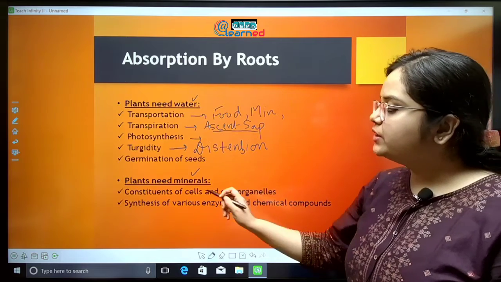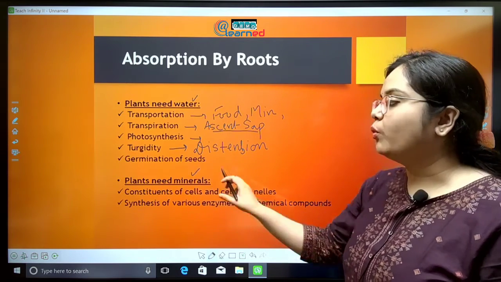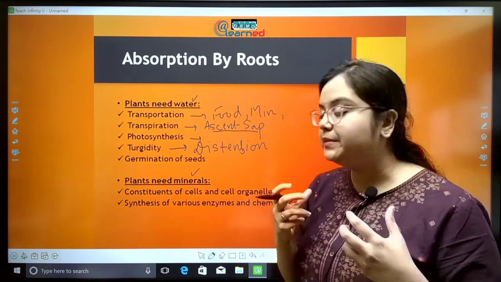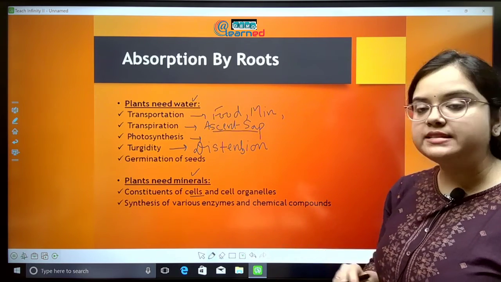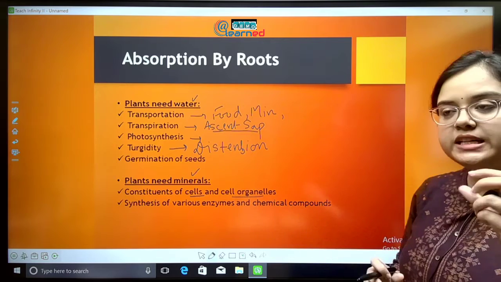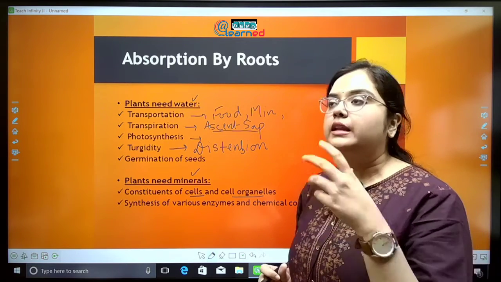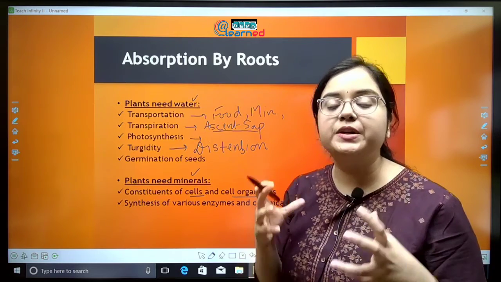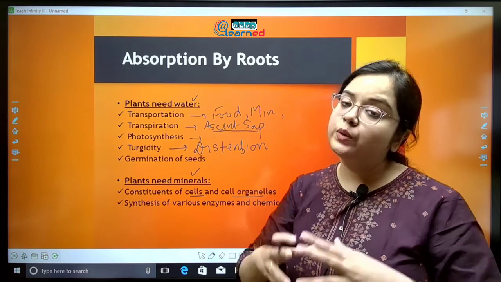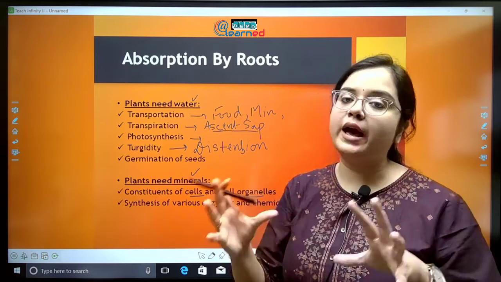You might have learnt also about the minerals part. Why do the plants need minerals? Minerals are needed by the plants because they are constituents of cells and cell organelles. So minerals like iron, nitrogen, sodium, potassium, molybdenum, all these minerals are taken in by the plants. You can further divide the minerals into micro and macro elements.